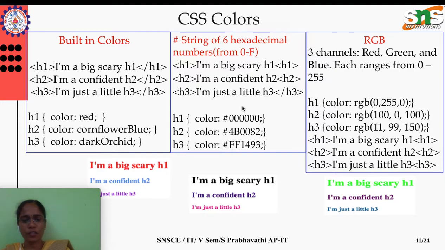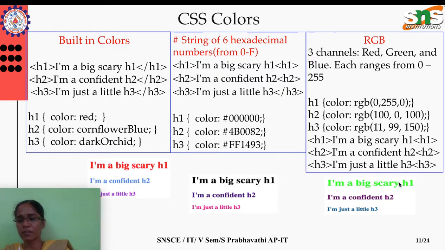Its output is displayed over here. Or RGB: 3 channels, red, green and blue, each one will take a value from 0 to 255. So this combination also will work. Here in RGB, red and blue are null and green is 255, complete green, so that's what we are getting: green.